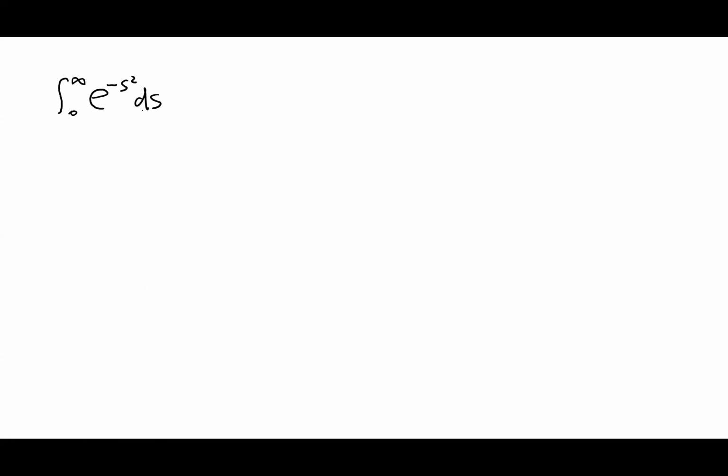And this function relates to the Gaussian distribution, right? So we know the result from this is square root pi over 2, right? So how do we get this conclusion? Please check my video related to the error function, okay?